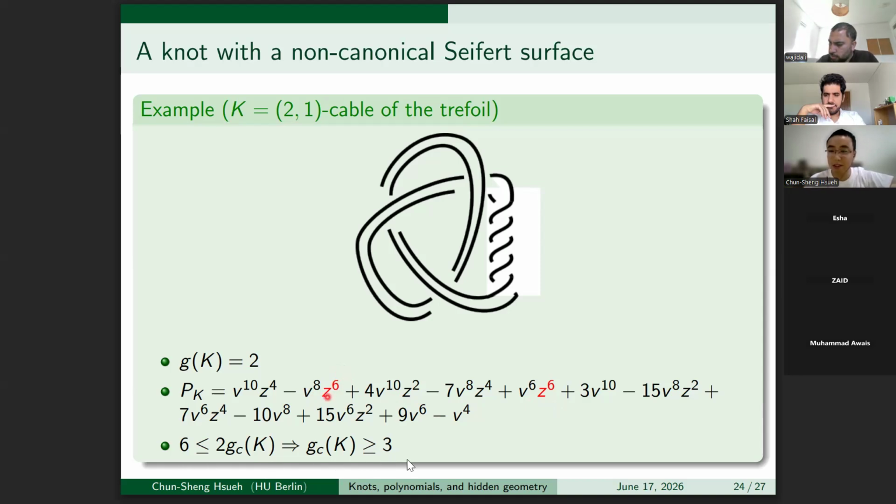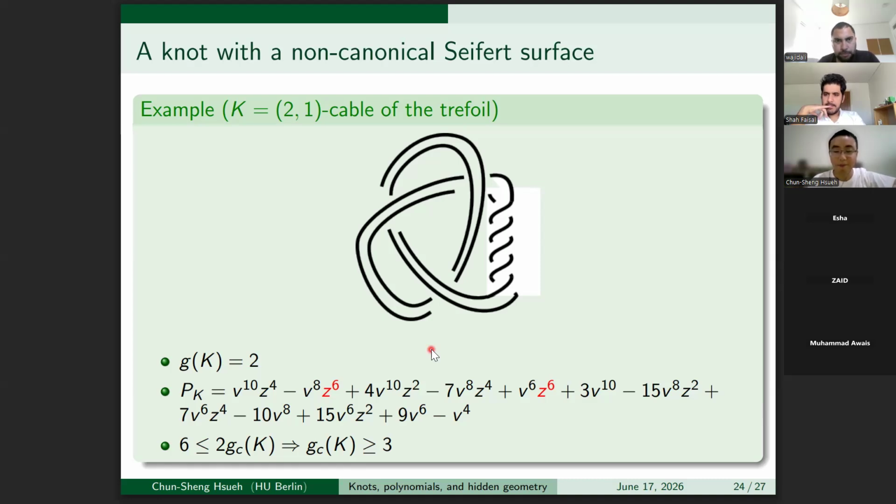So by Morton's inequality, I get this lower bound of 3, so in particular it's strictly greater than 2. So using Morton's inequality, we can deduce that this is an example where it doesn't matter which diagram you pick for this knot and apply Seifert's algorithm, you will never get the minimal genus Seifert surface.